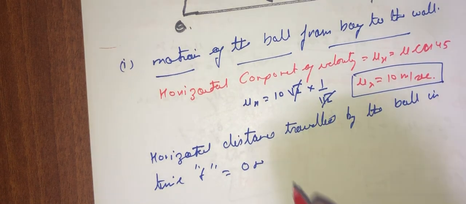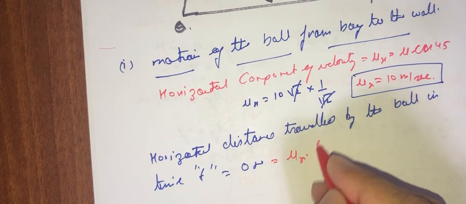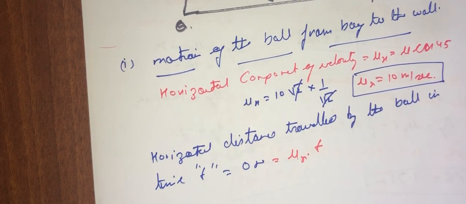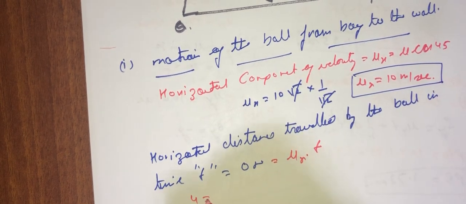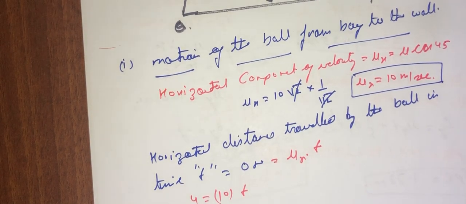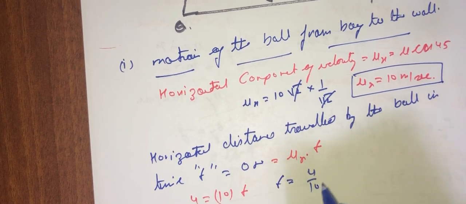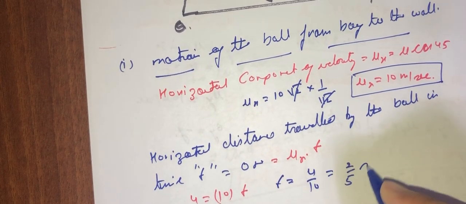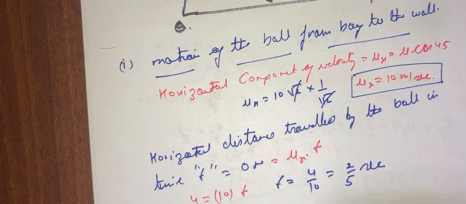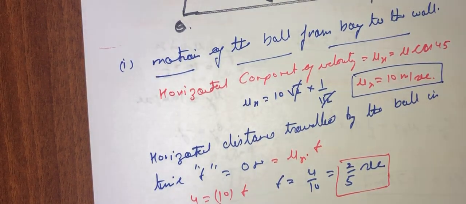So this ON will be our horizontal velocity multiplied by time t, and ON is already given as 4, so we can write 4 equals ux, which is 10, multiplied by t. So from this we can write that t will be equal to 4 by 10, or this can be simplified as 2 by 5 seconds. So we can say this is our time of flight before hitting the wall.